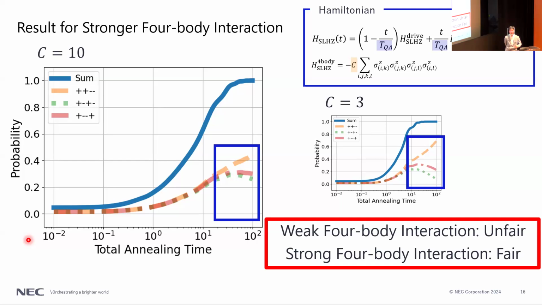And in our results, we think that large fourbody interactions can mitigate the unfair sampling. Unfair sampling, or unfairness in the original problem, right? Yes, the original problem has unfairness. Okay. Thank you.